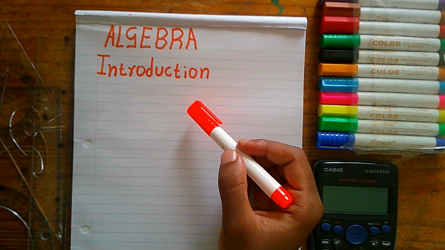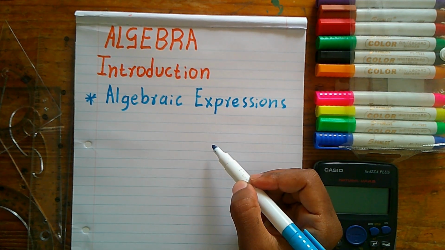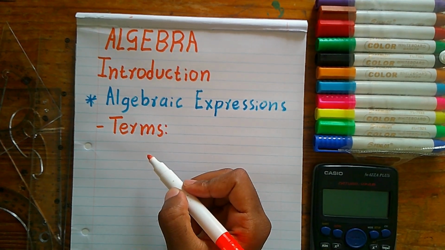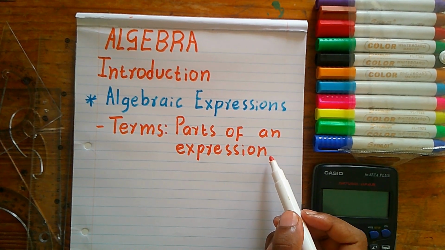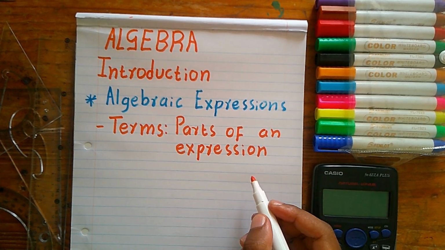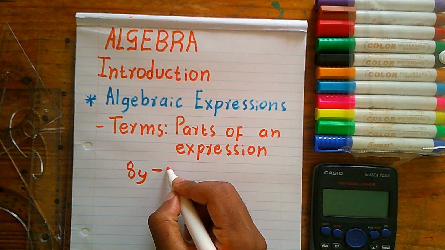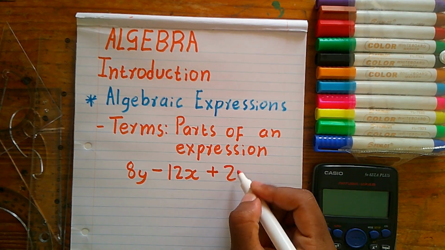We start off first with algebraic expressions. And under algebraic expressions, we have terms. And what are terms, you might ask? Terms are parts of an expression. Let's say we have the algebraic expression 8y minus 12x plus 2.